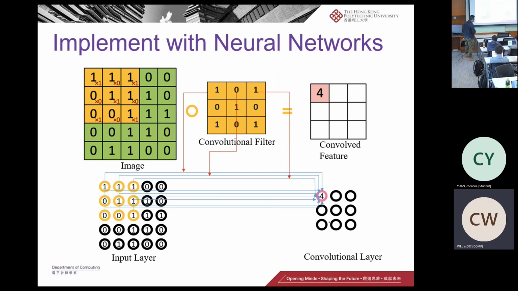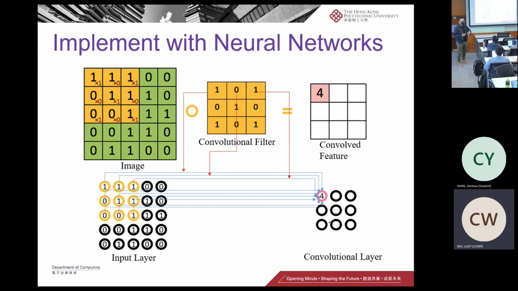And the most fancy part is that in the traditional filtering using convolution, we define the filter weights by ourselves, right? But here, through backpropagation, the neural network will figure it out by itself.